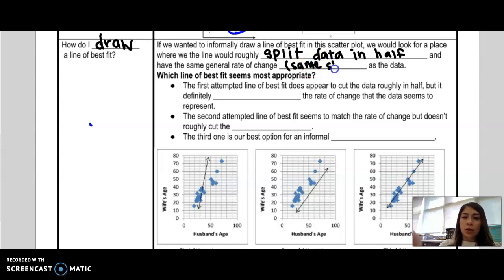Same slope as the data. So which line of best fit seems to be most appropriate?